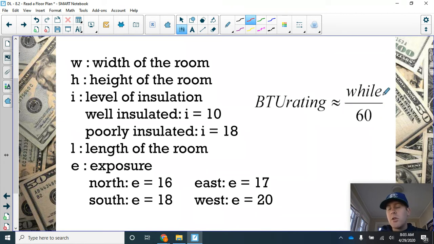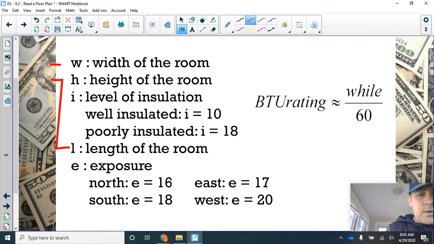So those letters all represent different characteristics of your room. Okay, so W, H, and L represent the width, the height, and the length. Now think about that. If I think about those three variables, width, height, and length, that really is our volume.